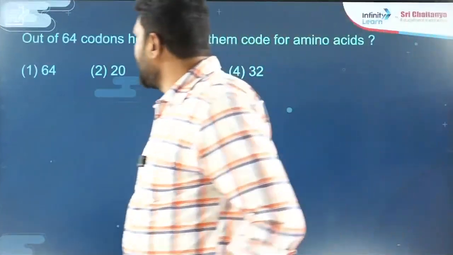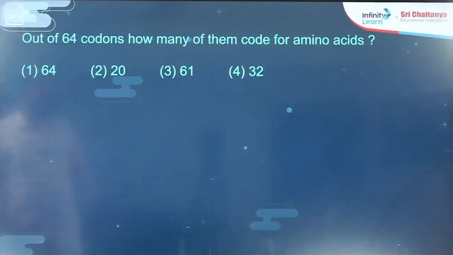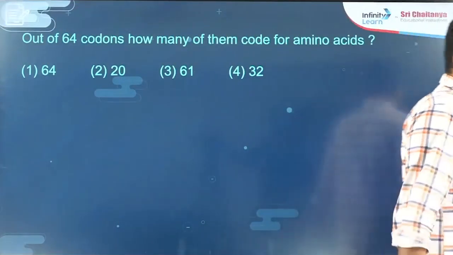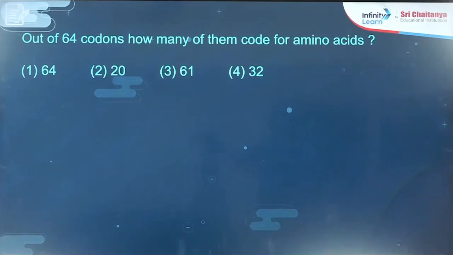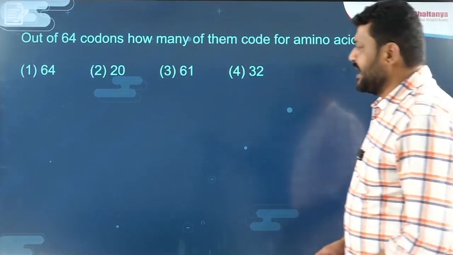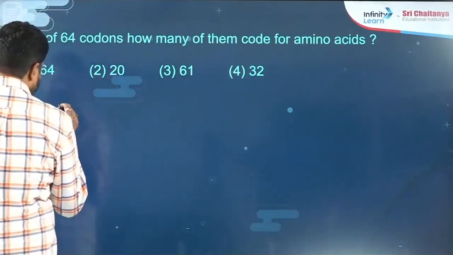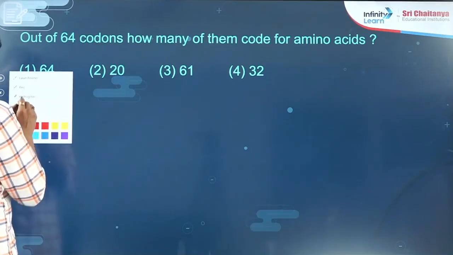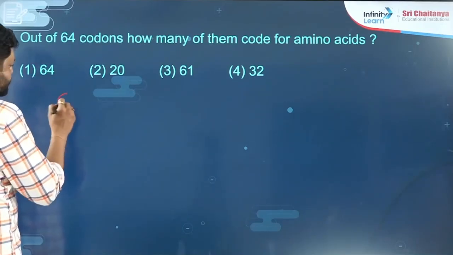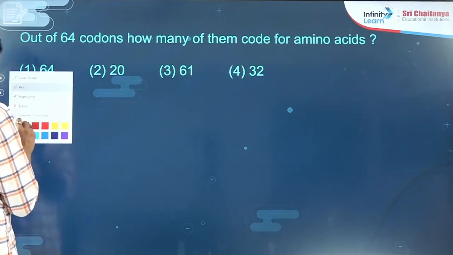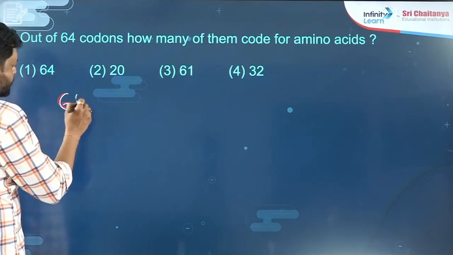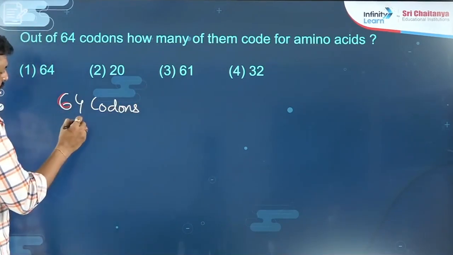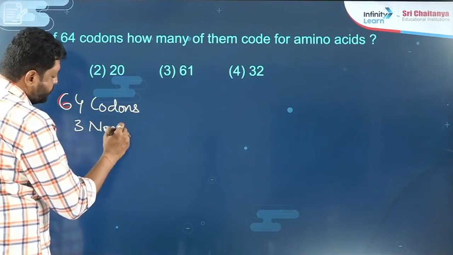The question is, out of 64 codons, how many of them code for amino acids? Was it clear? So, have a look here. 64 codons, and 3 nonsense codons.